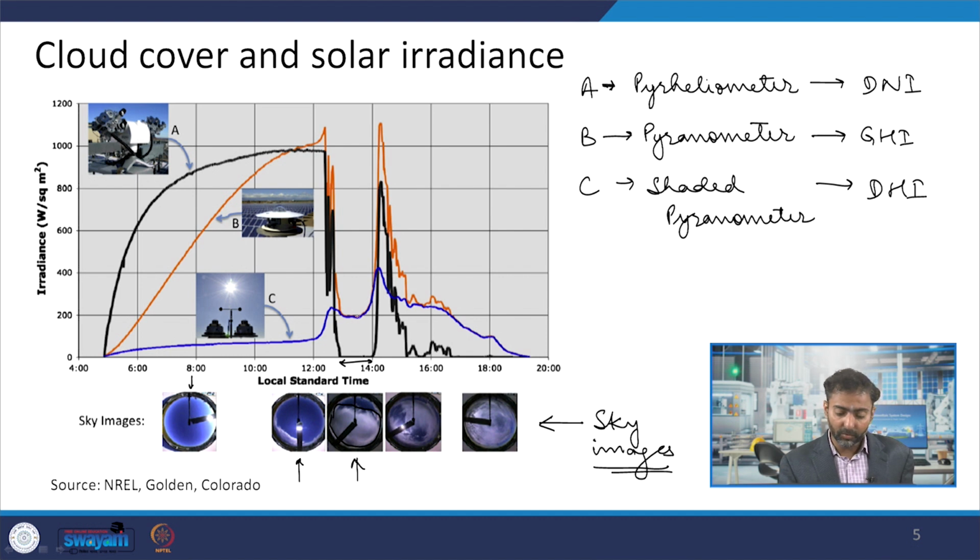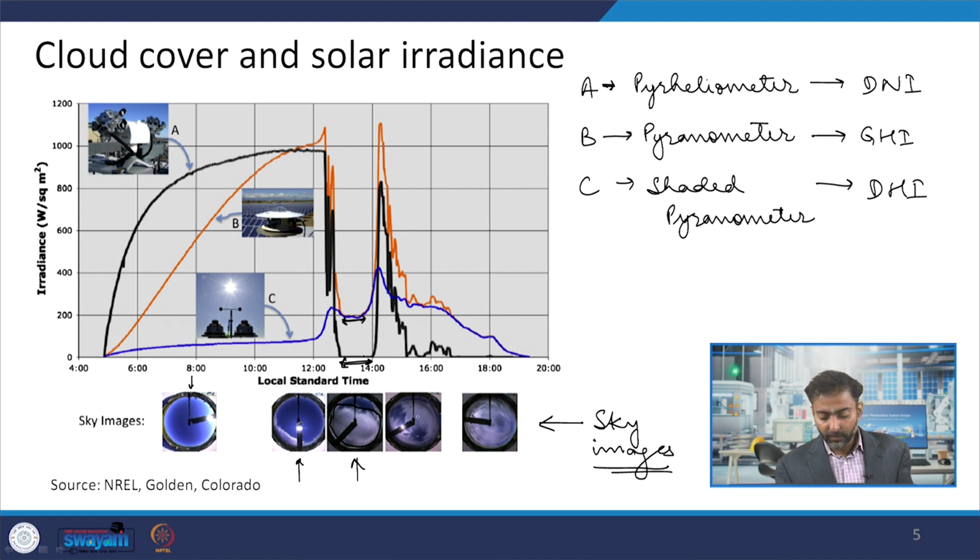It has come to around 200 watt per meter square, but hardly 200, 300, at max 400 watt per meter square is what the diffuse can go up to. It can never go to 800 or 1000 watt per meter square. And at this point, the orange curve and the blue curve are overlapping. So the entire GHI is nothing but DHI at this particular point of time. Only DHI is there. DNI is completely cut off. So GHI is the same as DHI around this time.